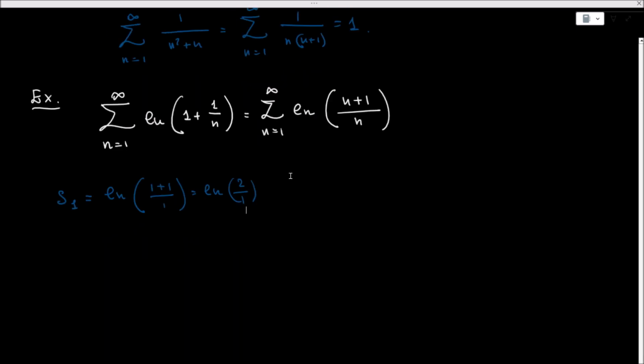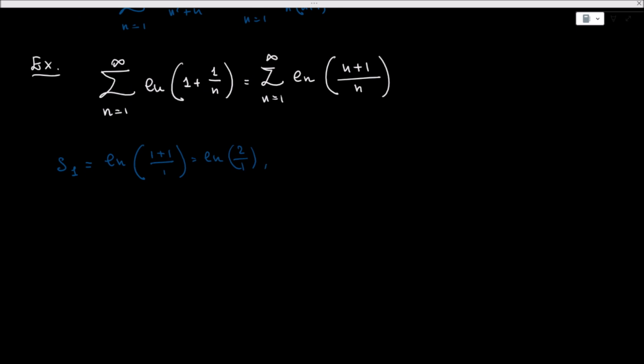If we evaluate S2, well, in that case we have the logarithm of 2 divided by 1 plus the logarithm of 3 divided by 2, right? Which, by applying the properties of the logarithm, is the logarithm of 2 divided by 1 times 3 divided by 2. So this turns out to be simply the logarithm of 3.